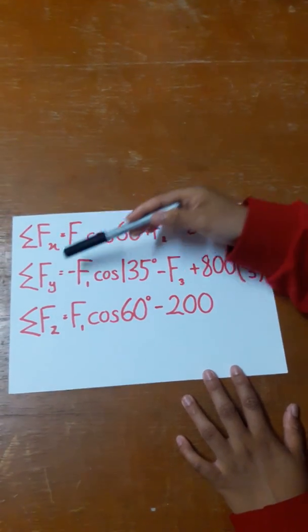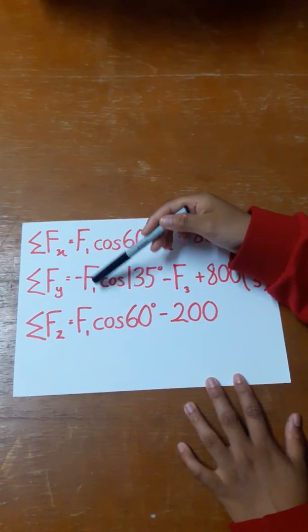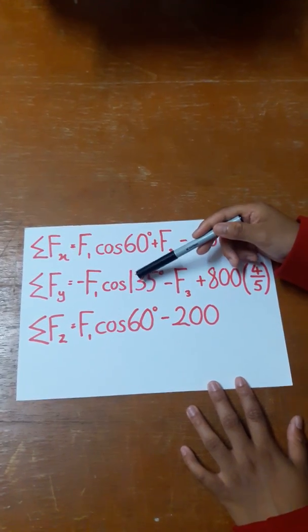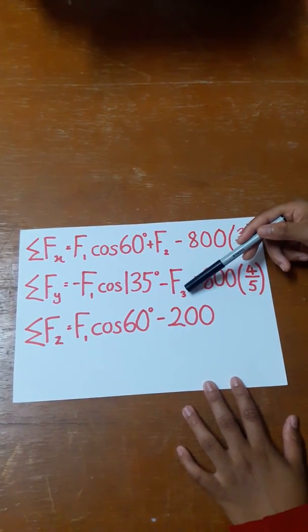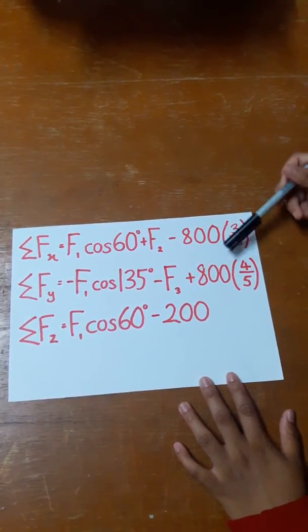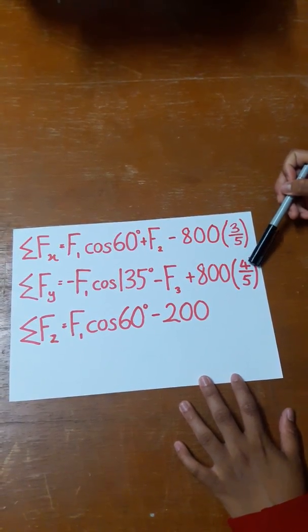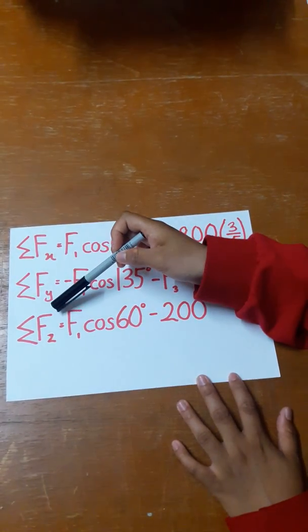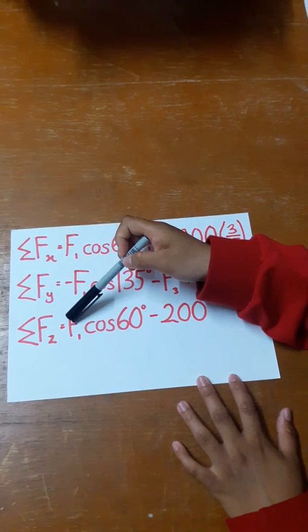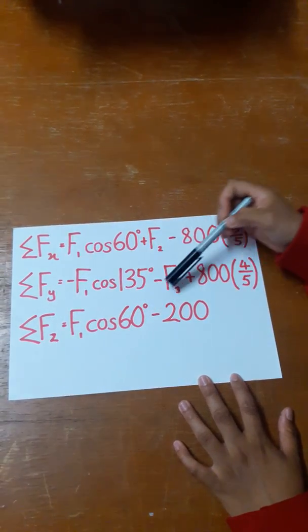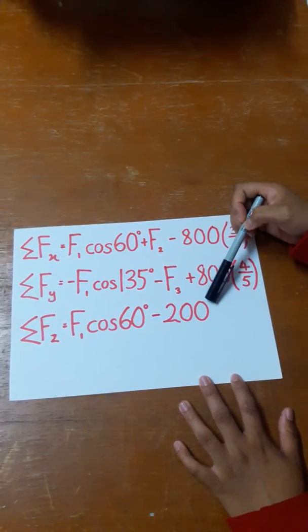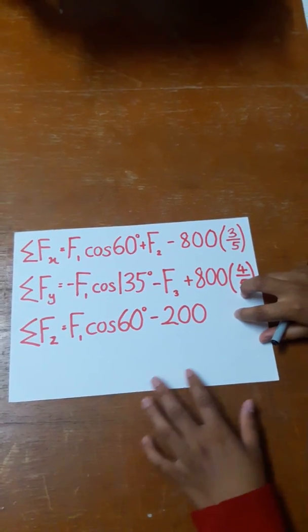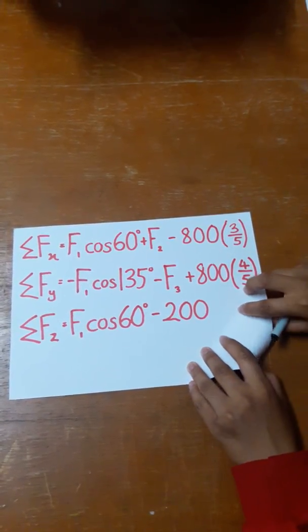For the sum of Fy, we have negative F1 cos 135 degrees minus F3 plus 800 times 4/5. And for the sum of Fz, we have F1 cos 60 degrees minus 200. Okay, from these equations, now I will pass to Sabrina to solve the F1, F2 and F3 values.